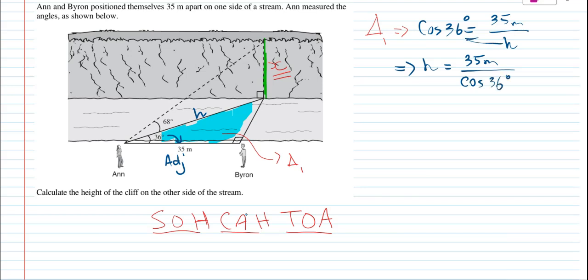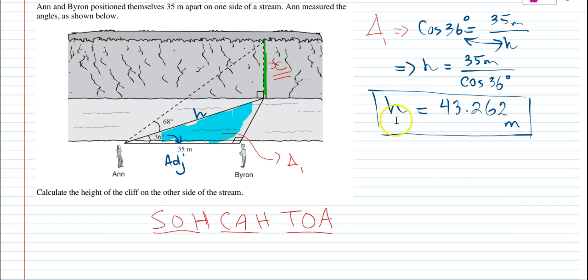You just switch the places here, or you can multiply both sides by h and then divide again by cos of 36 degrees. Let's do the math on this. We got the hypotenuse of the first triangle as approximately 43.262 meters. This is an approximation because the decimal continues, but that's okay for now.